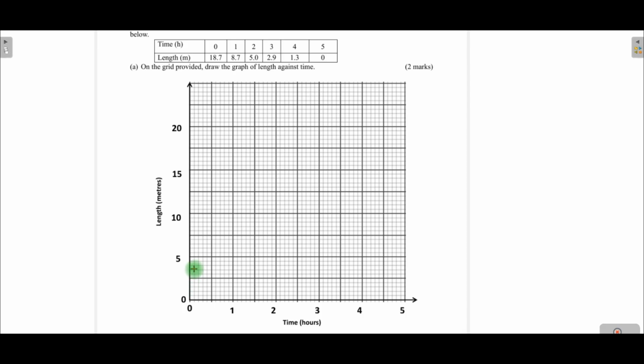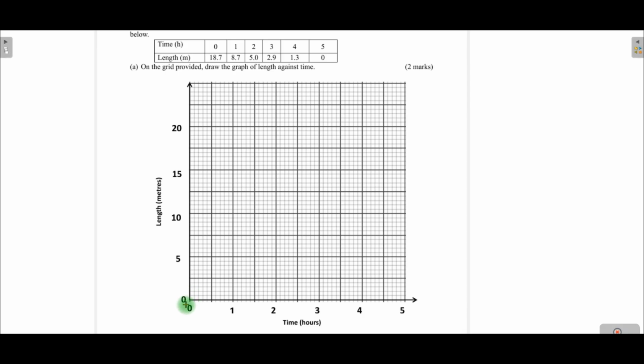Now the first thing we need to consider here is that the time will be on the x-axis, and for the length we have been given this scale. So it is good to note what one small square actually represents.